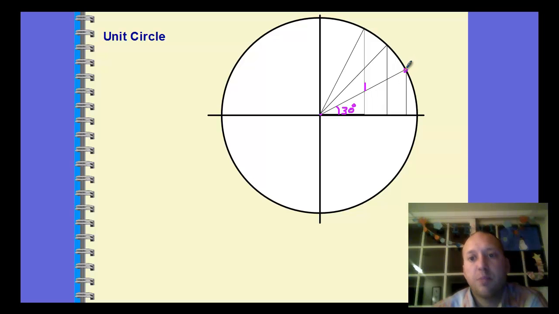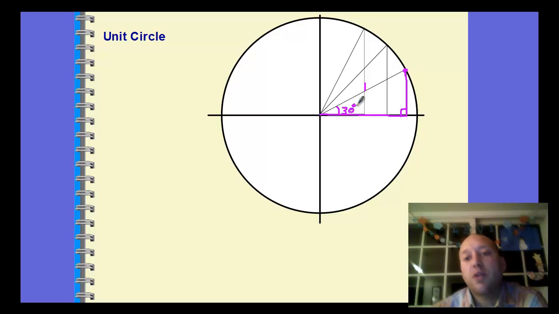If we take the point where that radius intersects with the circle and drop a vertical line to the x-axis, we create a right angle right there. So here is a right triangle. Now, this leg of the right triangle is not a length of 1 because it doesn't go to the circle. It's less than 1. But the hypotenuse of this right triangle is 1.